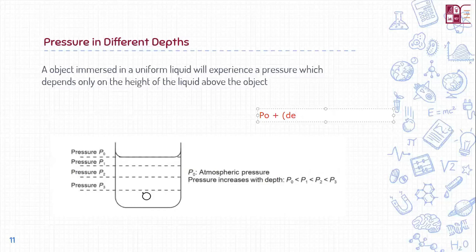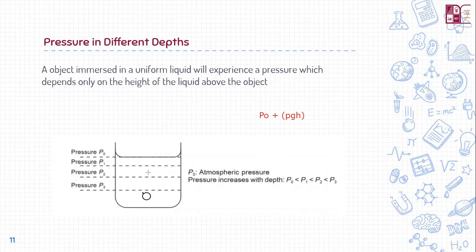I'm just going to use a small p. Just consider this as density, rho gh, and the h would be this height, or you can just extend it to the object.